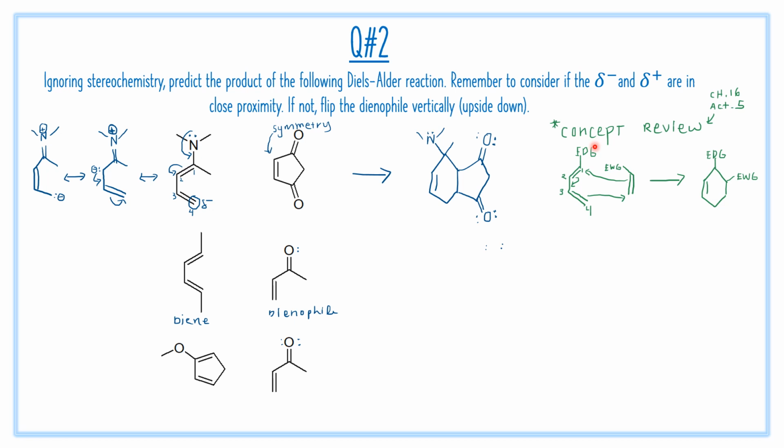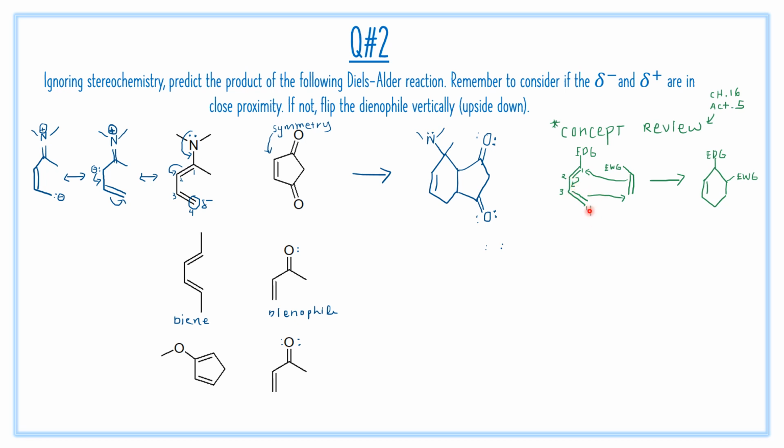So electron donating group over here on the diene. And here's the dienophile with the electron withdrawing group. So here you notice that you can go clockwise or counterclockwise, either direction works. So here, double bond breaks from this dienophile, creates a sigma bond over here, double bond transfers over to between carbon number 2 and 3.